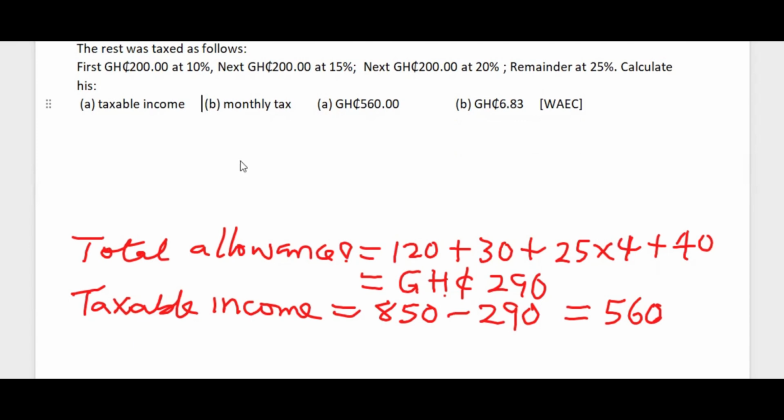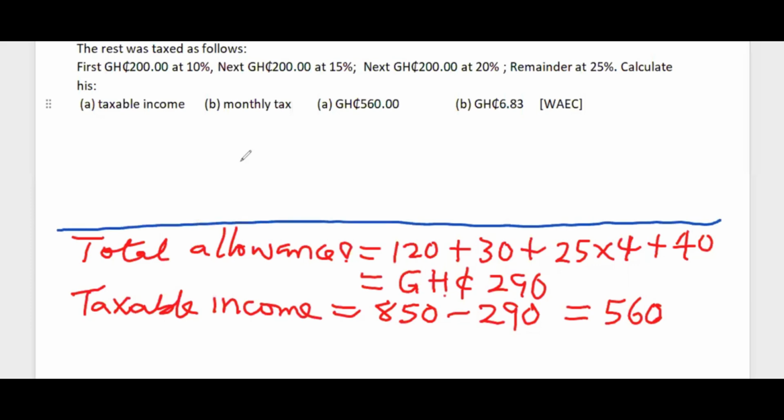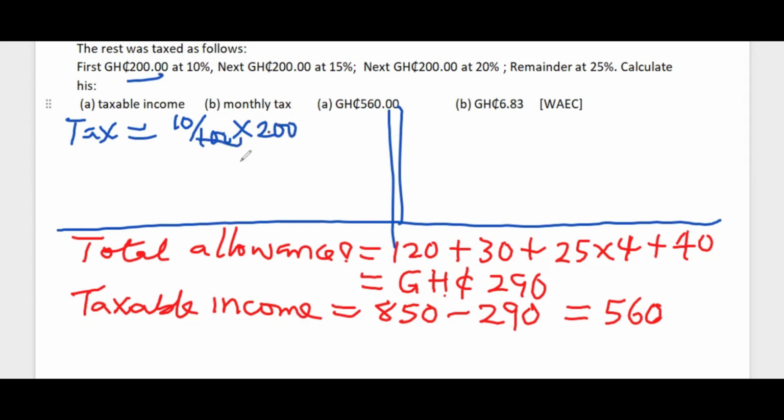Now, let me calculate the tax. The first 200 are taxed at 10%. That is 10% of 200, and this 100 cancels this 100, which gives us 20 Ghana cedis.